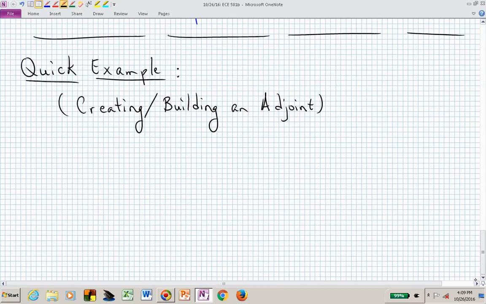So let's look at a quick example of where we can now build an adjoint, and let's do it for a linear map that goes from R3 to R2. What did we call such a linear map before? Do you remember the terminology we were using?